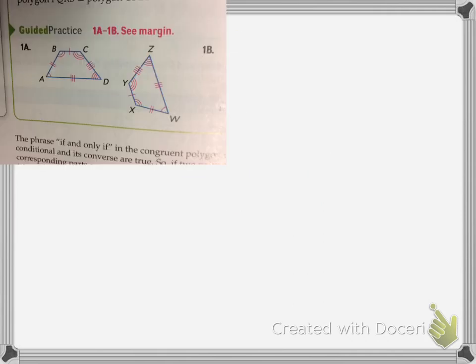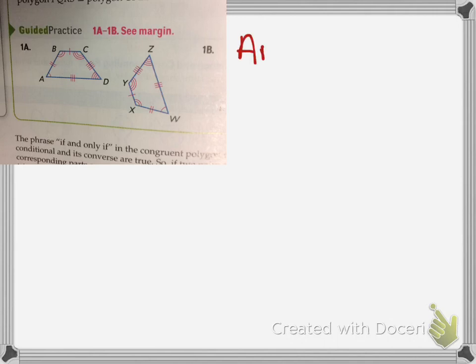Okay, so I'm going to use this as an example, and I want to show that the trapezoid, or polygon, ABCD is congruent to WXYZ. Well, how do I do that? First off, I would have to list all the angles.